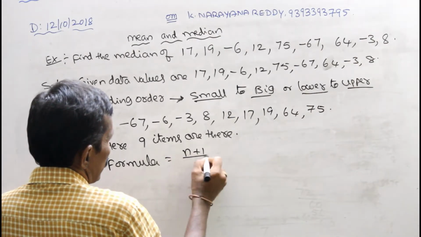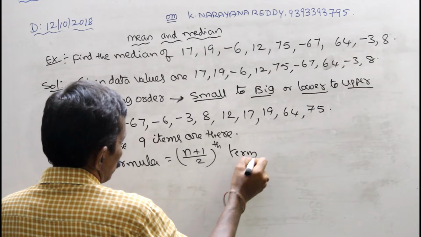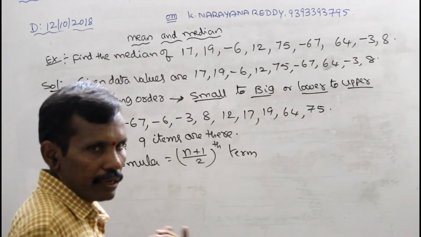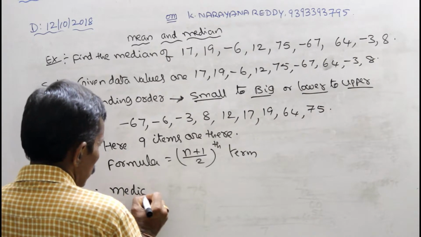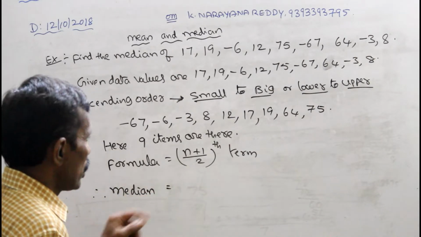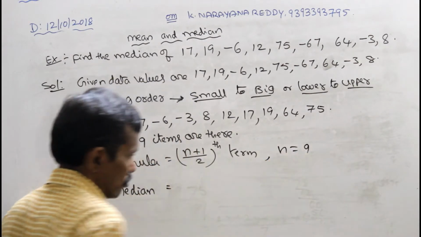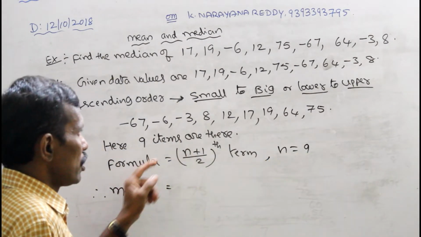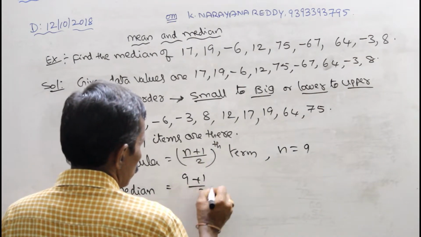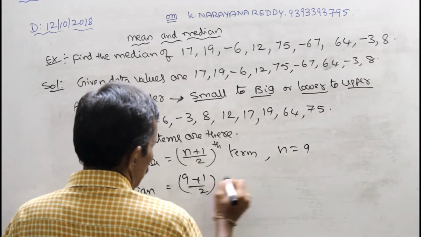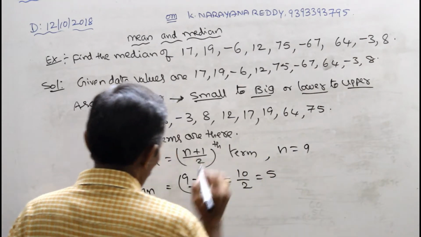Formula for median: the (n plus 1) by 2 term. Therefore, median equals the (n plus 1) by 2 term. N equals 9, the number of terms is 9. So 9 plus 1 by 2, nothing but 10 by 2, nothing but 5.